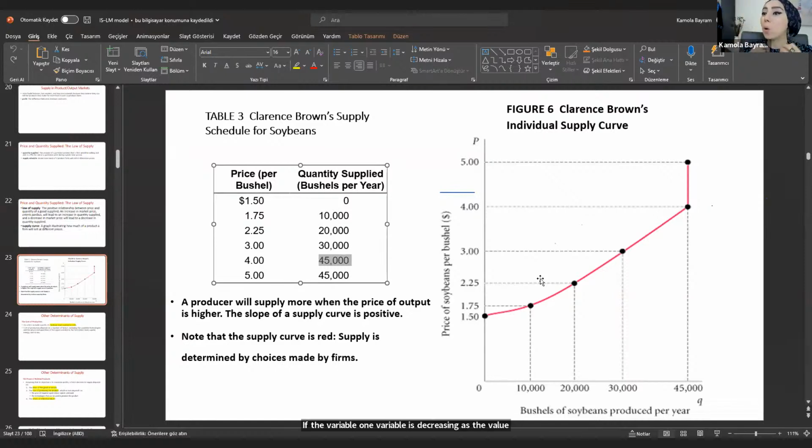So they are co-moving, they're moving together. Once one goes up, the second goes up. Again, as in my example, the more you eat, the more weight you gain. The less you eat, the less weight you gain. This is a positive relationship. Meanwhile, a negative relationship means once the value of one variable increases, the value of the other variable decreases. So the more you go to the gym, the less weight you will gain.